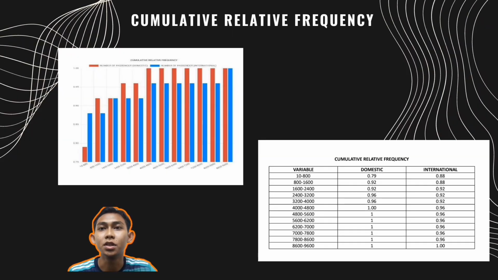Next, to find the cumulative relative frequency, we need to add the relative frequency that we already got continuously by each interval.